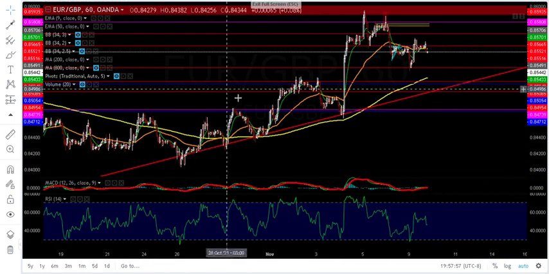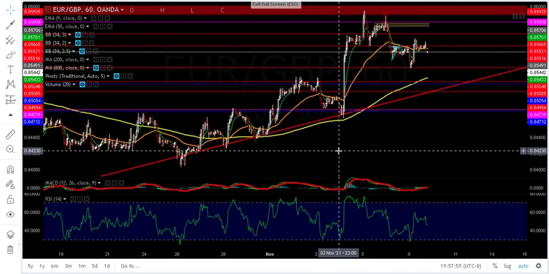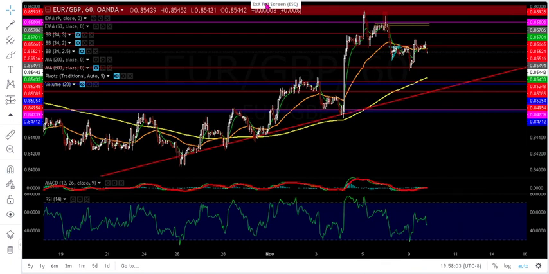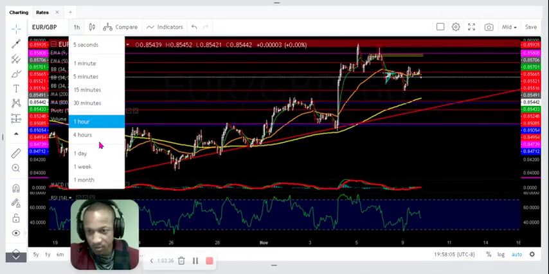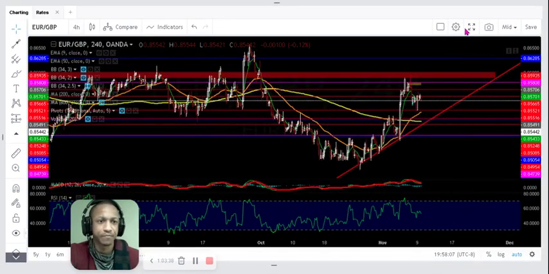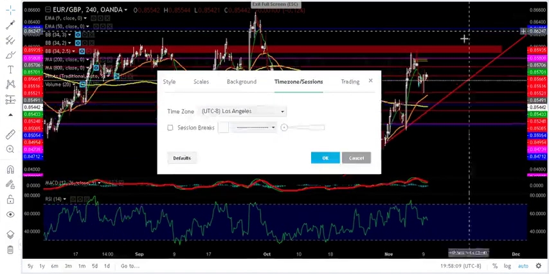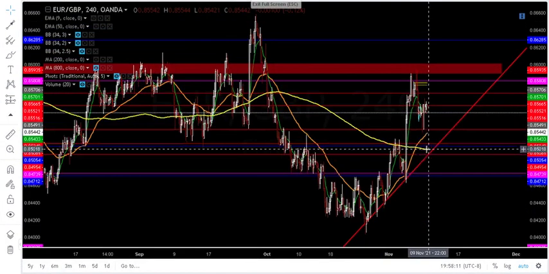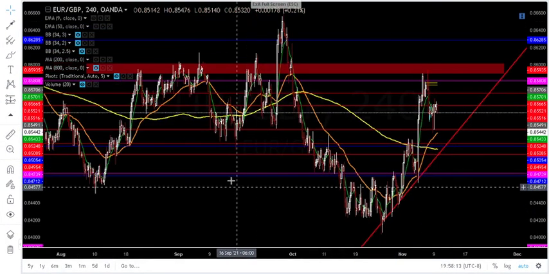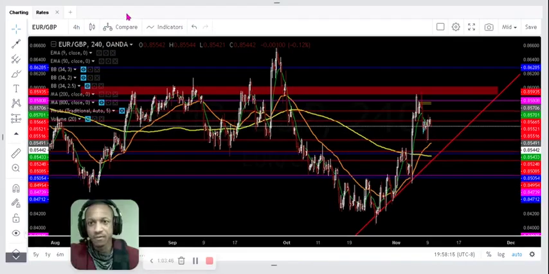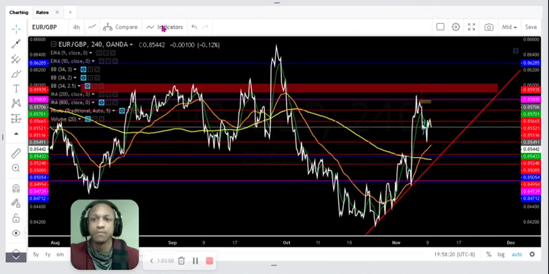Oh yeah, I forgot to draw my lines on H4. I have to go back to H4 and draw a few lines where price is. Let me draw 2 or 3 lines so I can speed it up a little bit.